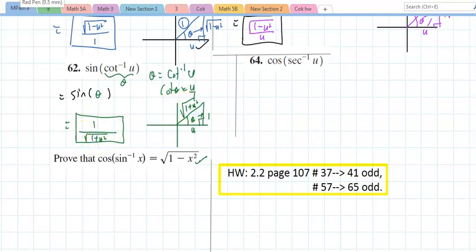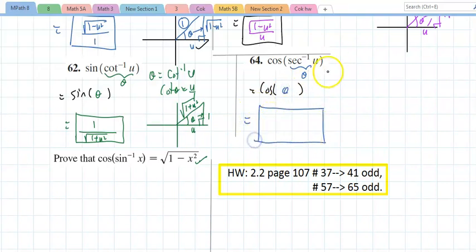And if I look at number 64, if I call this theta, I'm really looking for the cosine of this angle theta, and I know that is the adjacent over the hypotenuse. On the side, I let theta equal the inverse secant of u, so secant of theta equals u over 1.